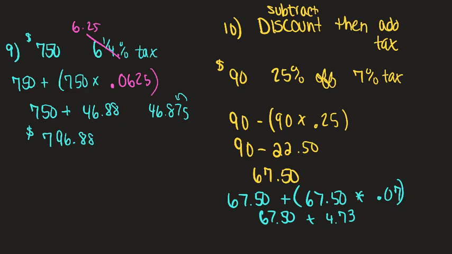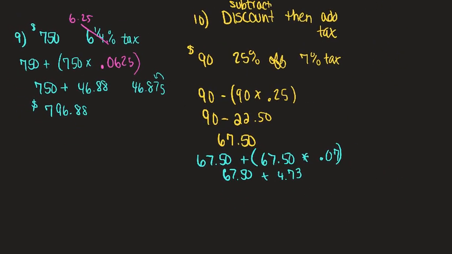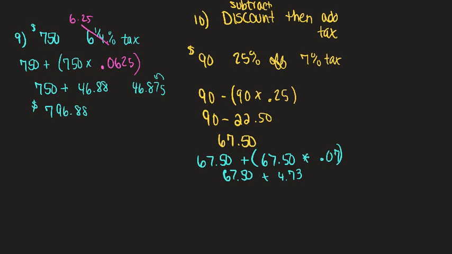It had a neighbor that made it round up. I think I did something wrong. Hold on. $67.50 plus $4.73 is $72.23. Were you successful? Okay, now that you've done these 10 questions, you may start on your homework.